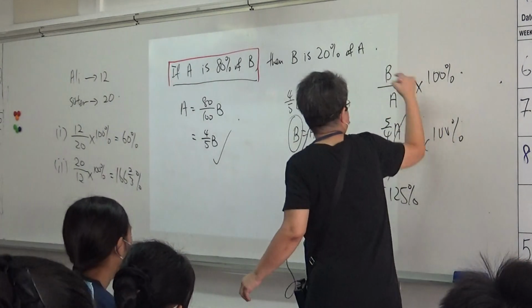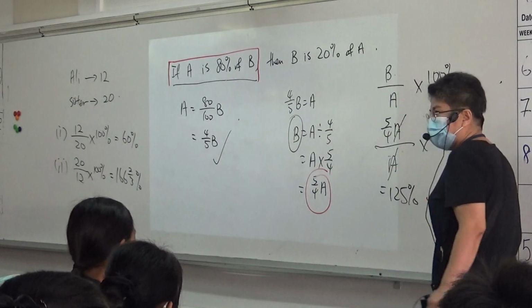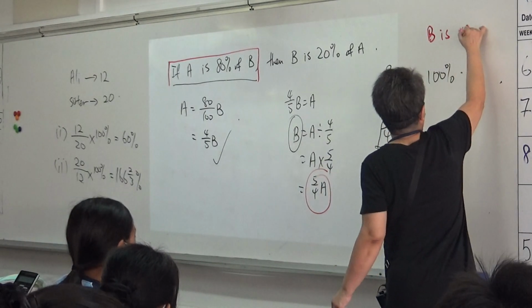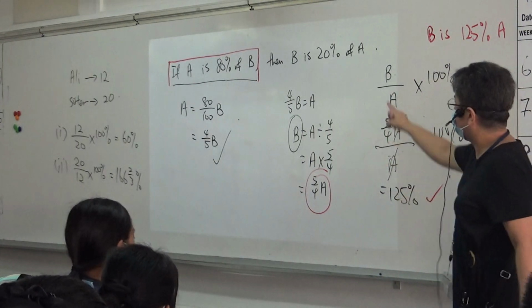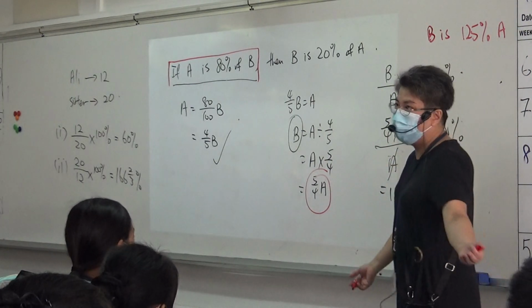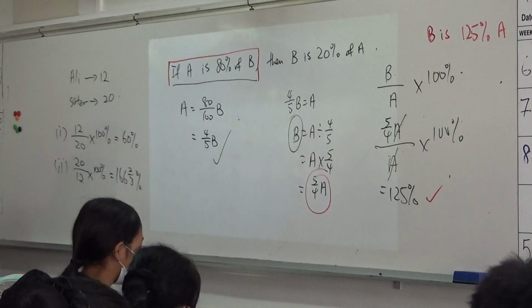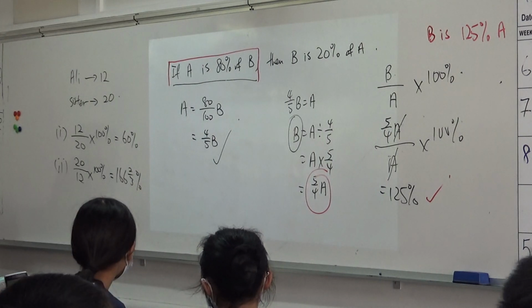So this is B over A. This is B, this is A, cancel. So you get this. So actually, B is how many percent of A? Of A, right? So 20%, is it correct? No. So that's why you need to be careful. Is that clear to everyone?